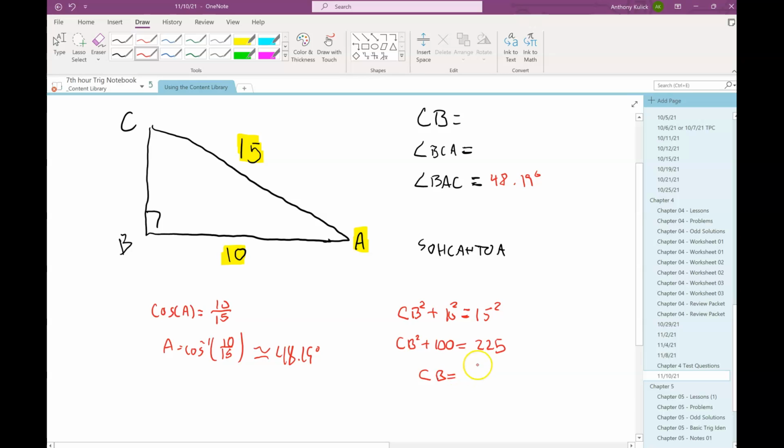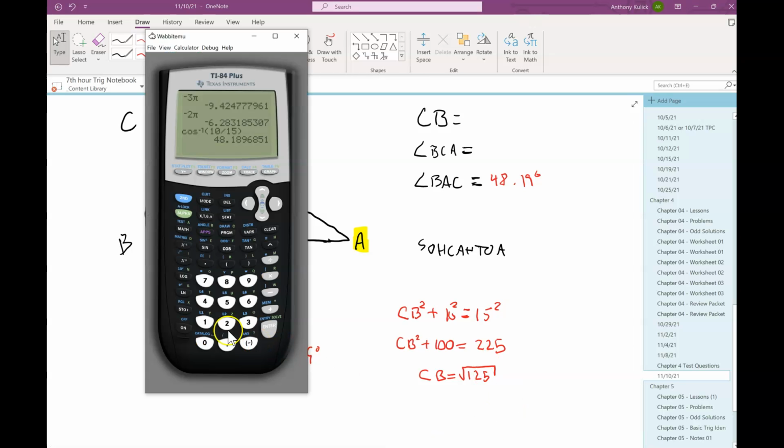So if I subtract 100 from both sides and then square root both sides, I get the square root of 125. You could write that as a decimal. It probably would ask you to round your answer to 2 decimal points in this problem, so let's do that right quick. First, I'm going to double check that 15 squared is 225. Okay, good. So 11.18.